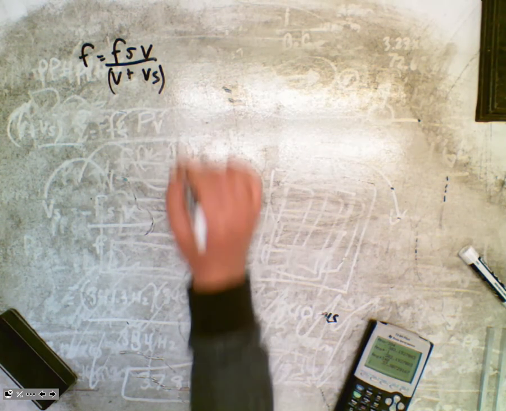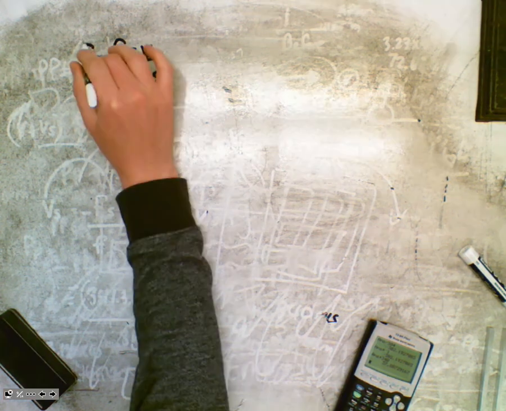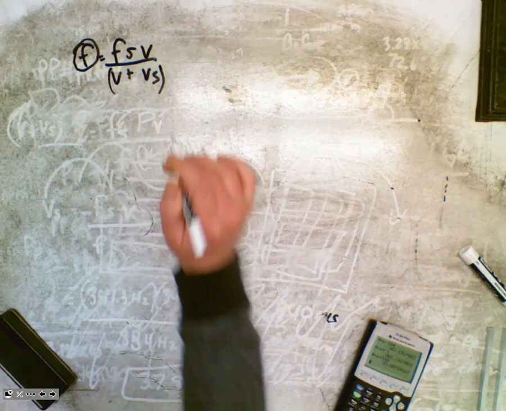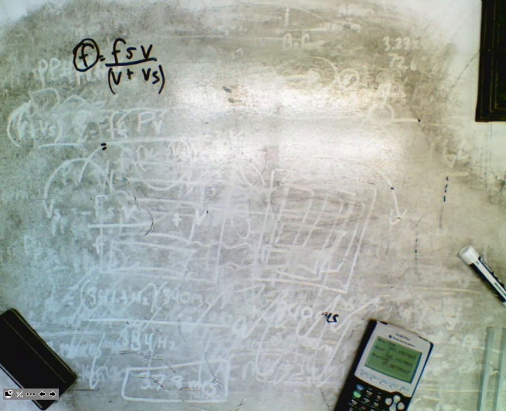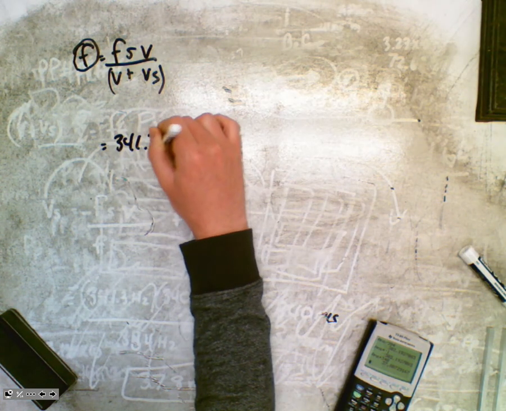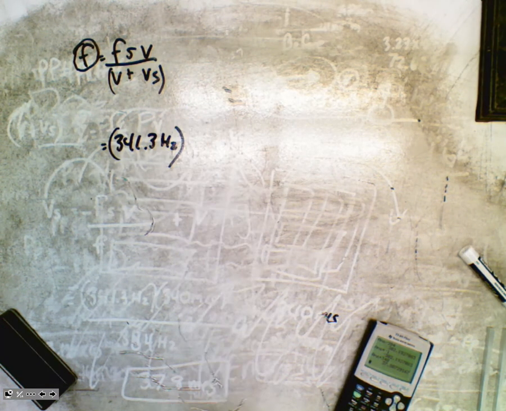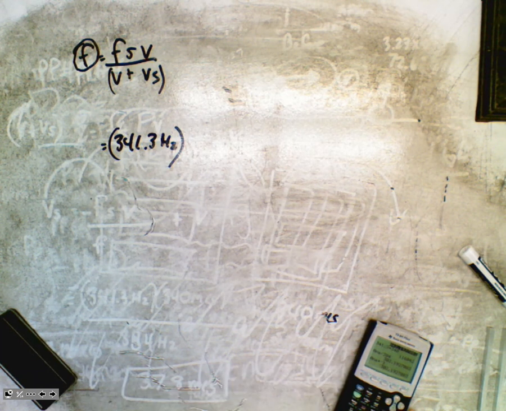And it's asking for what note would the parade attendees hear. So we want to find what that apparent frequency is. So we don't have to rearrange this at all. So she's still holding that F note, which is 341.3 hertz. Oops, did I forget the 0.3 last time? No, I didn't. Good. 341.3 hertz.